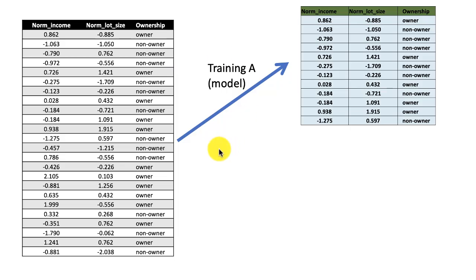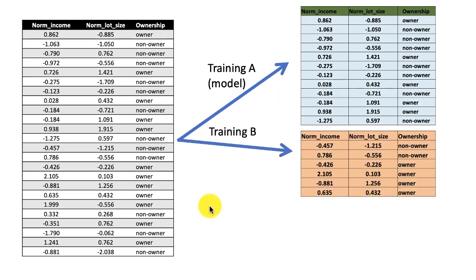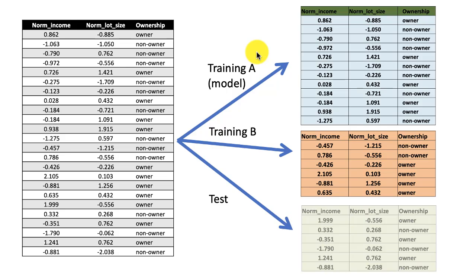Okay, so I'm calling the first partition training A partition, and I'm also calling it the model. Shortly we'll see why I'm calling that the model partition. Okay, in fact, model partition might be a better name for it. Okay, so we create a training A partition, and then we create another partition which I'm just calling training B, and of course, as usual, we have a test partition.